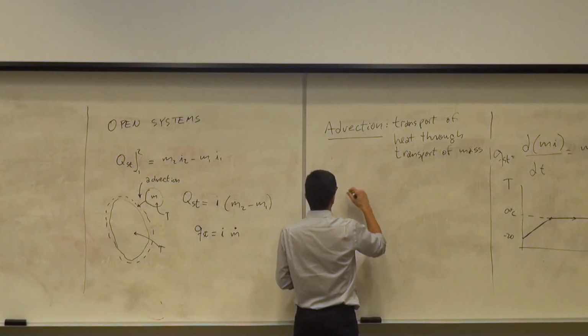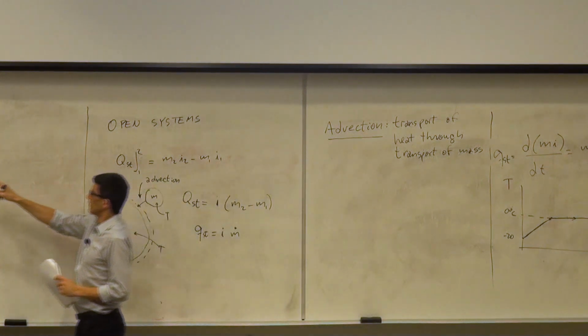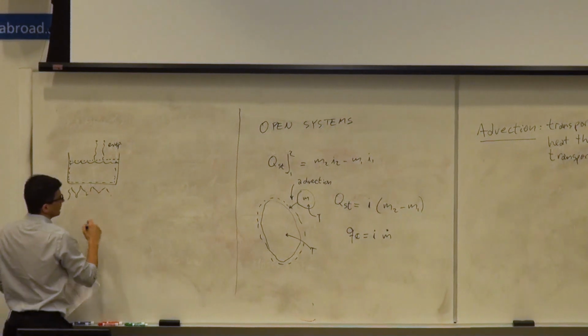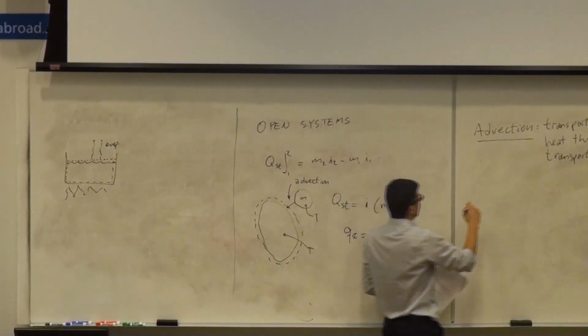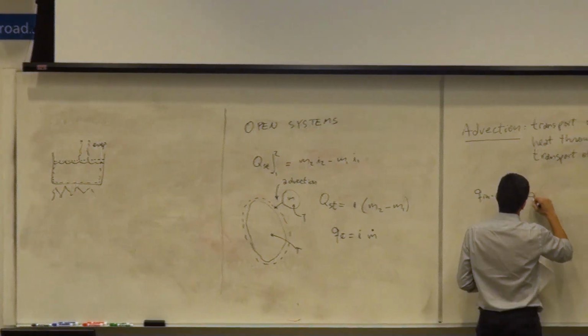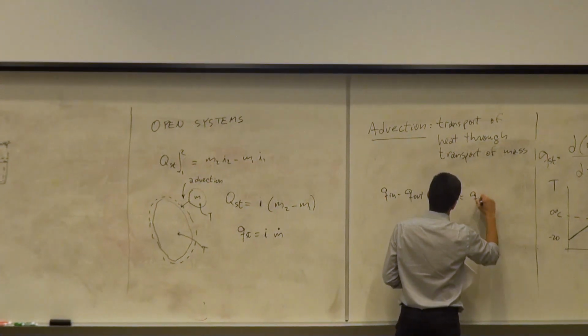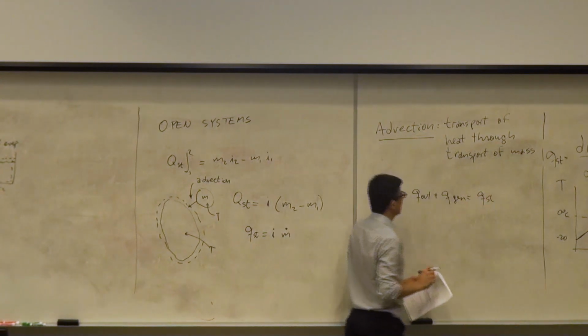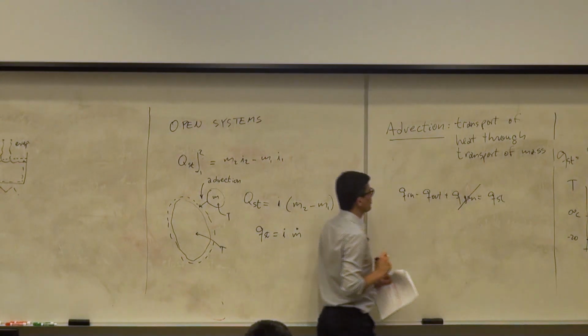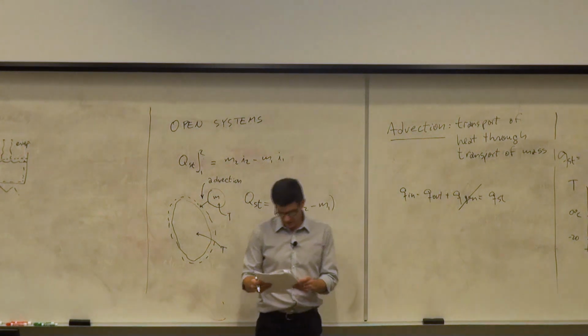In this case, for this control volume, I'm going to keep working here. So we have Q in minus Q out plus Q generated equals Q stored. And under the same comments as before, we're going to say there's no Q generated. But here gets interesting.